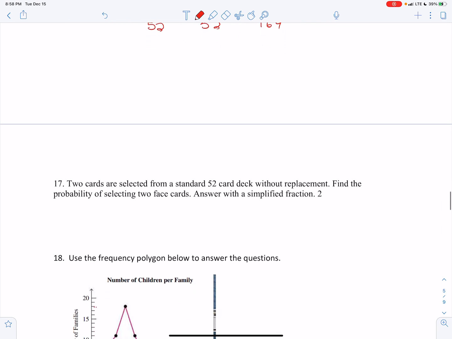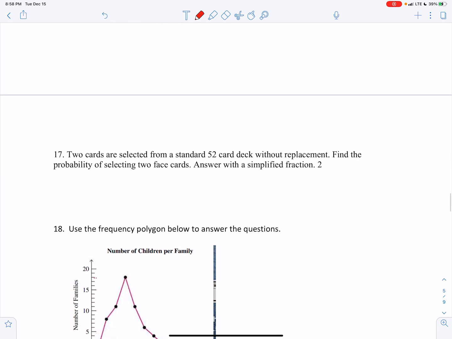All right, for 17. 2 cards are selected from the standard 52 card deck, this time without replacement. Find the probability of getting 2 face cards. That is, the probability that the first card is a face card.